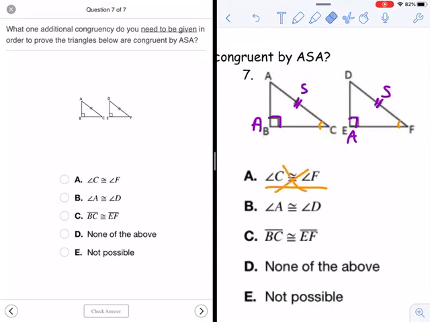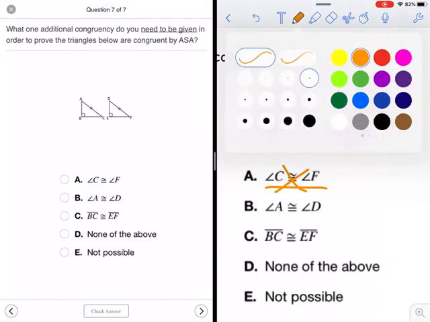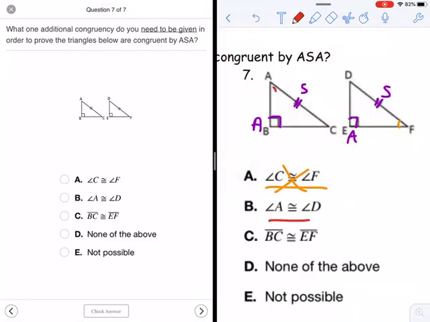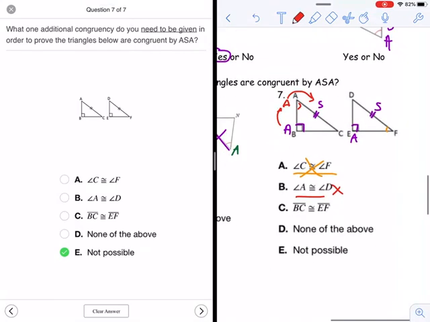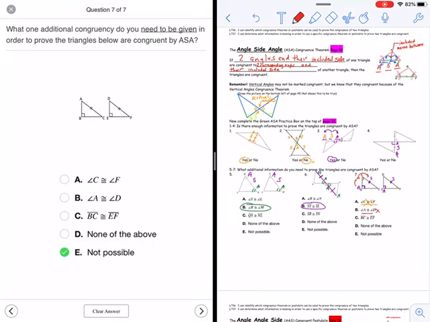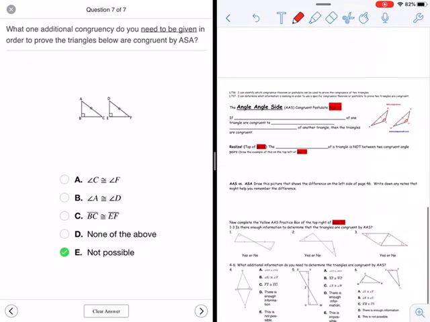Erase all that junk. Well, what happens if we do A and D? Again, I have an angle and a non-included side. That doesn't work either. So it's none of the above, technically. That's kind of quirky, whoever made this. Anywho, that's that. So next and last, we got the angle, side. Stay tuned for more.